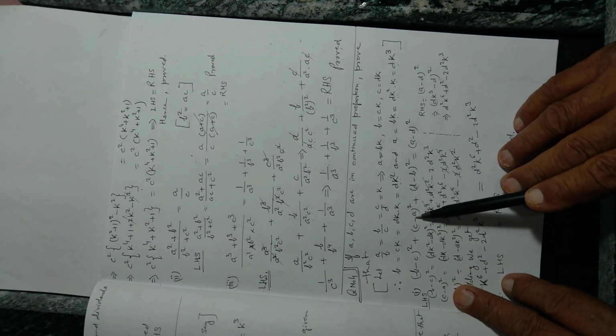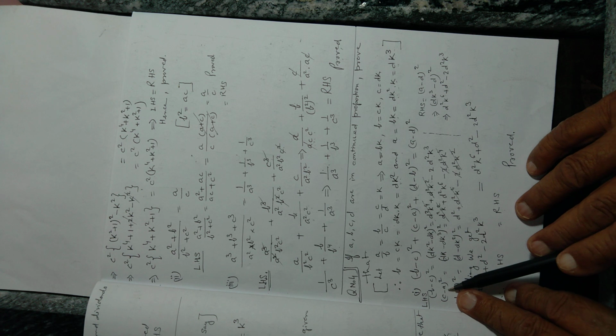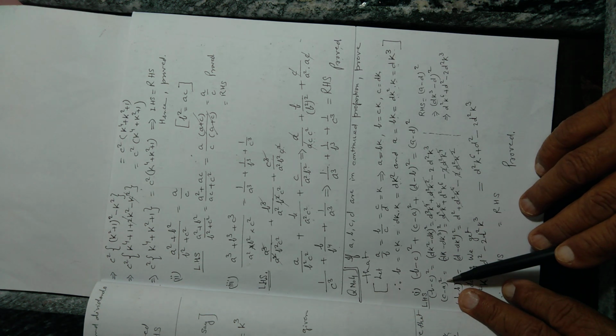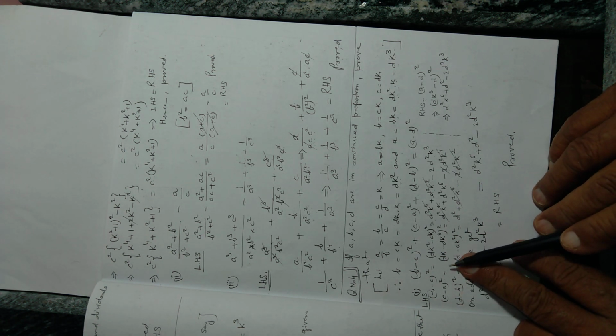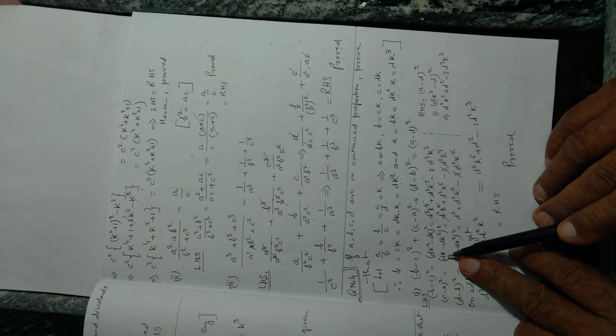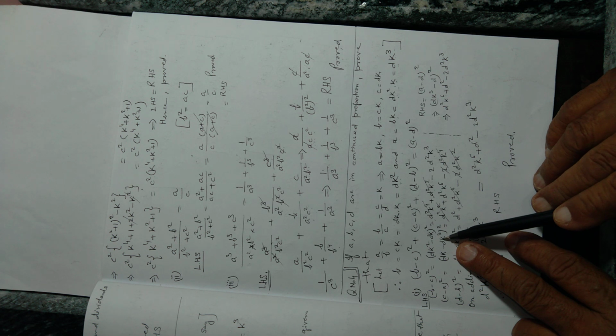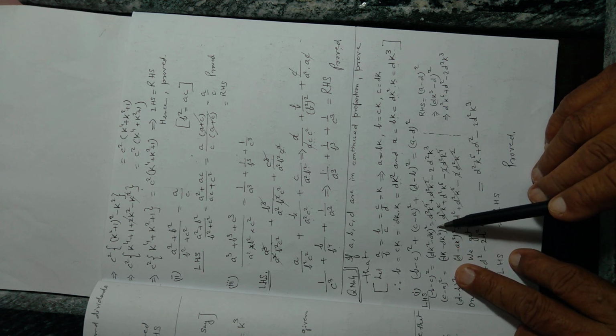Similarly the second term I have written here, you see C minus A whole square. That will be equal to, in place of C I have written dk and in place of A I have written dk cube whole raised to power 2.